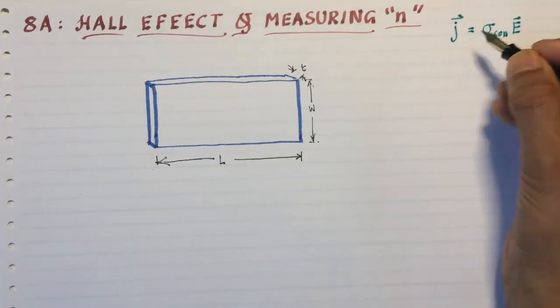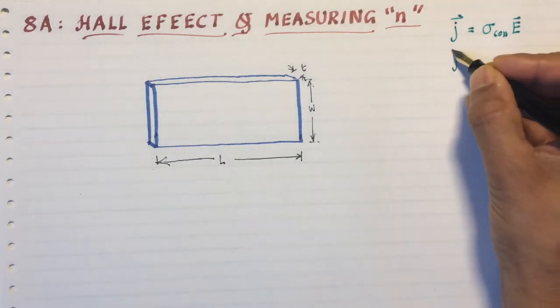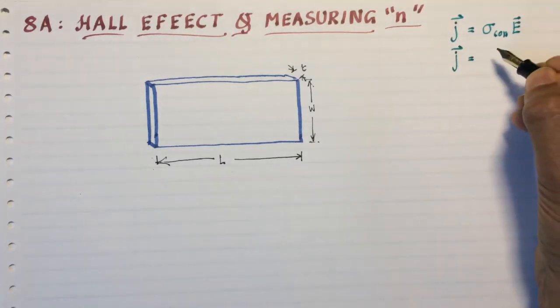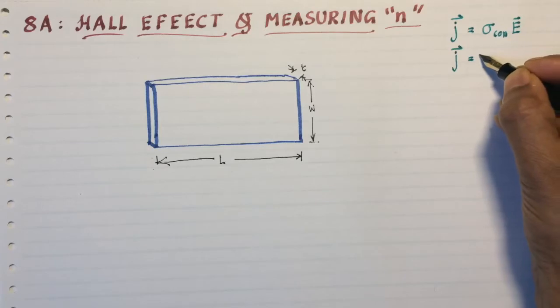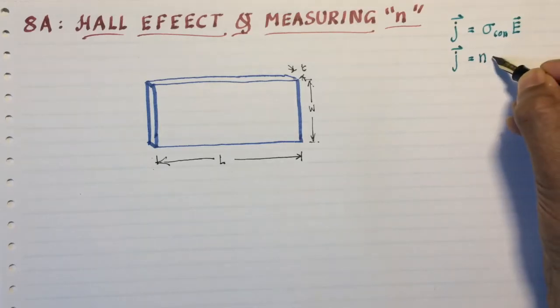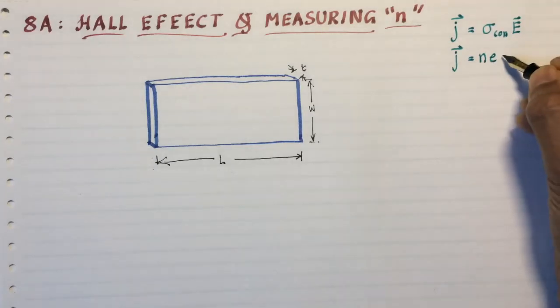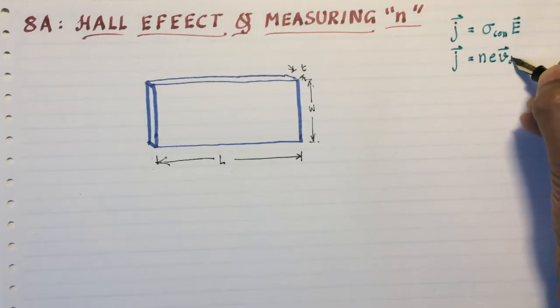Now, there's also a more fundamental equation, and that is the current density in a wire is given by the number density of charges times the value of the charge carrier. It could be the electron's charge, so I'll write it as e, times a velocity known as the drift velocity.